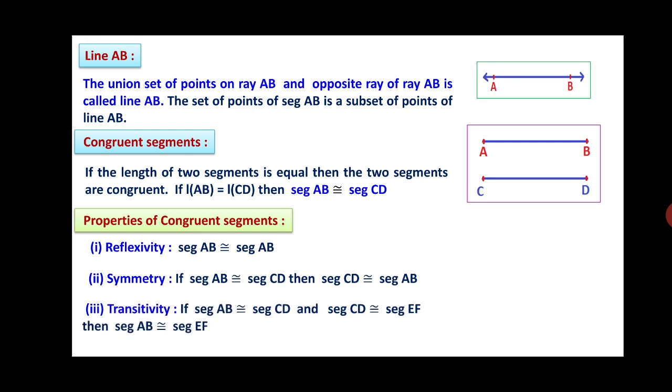Third is transitivity. If segment AB is congruent with segment CD and segment CD is congruent with segment EF, then segment AB is congruent with segment EF. In short, if the first segment is congruent with the second, and the second is congruent with the third, then the first segment is congruent with the third.